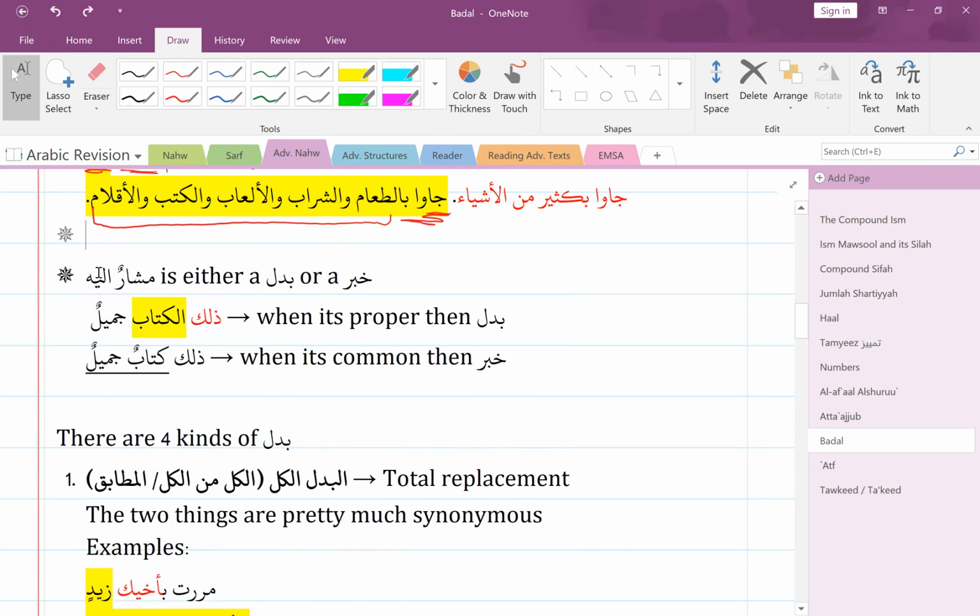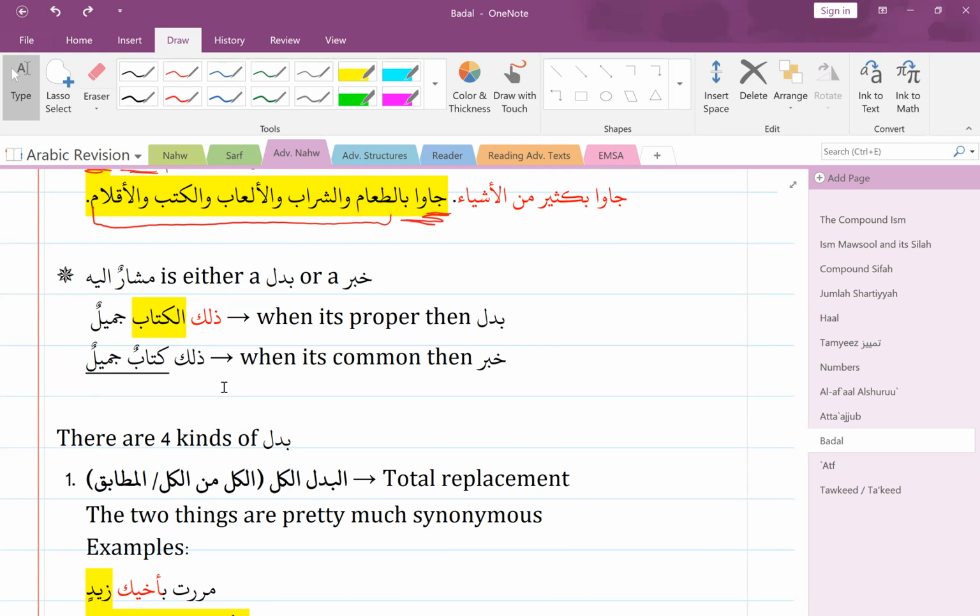Now, the other thing you need to know is that, remember when we did ismul ishara and musharun ilayh? We said that an ismul ishara has to come with al. Remember that part? Long ago, we said pointer plus al gives you ismul ishara and musharun ilayh, but pointer without al gives you a jumla ismiya.